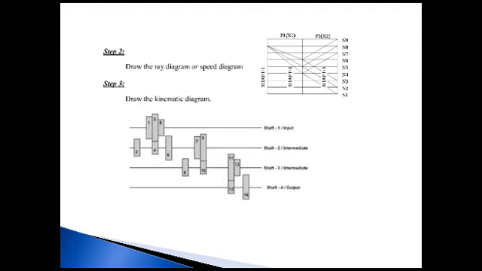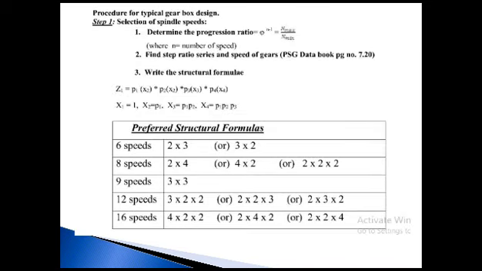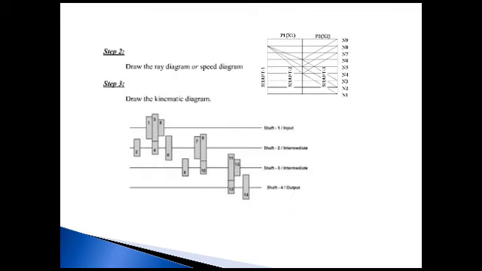There are 3 stages for a 6-speed gearbox: stage 1, stage 2 and stage 3. Here you can see P1 X1 then P2 X2. Here X1 has a value, X2 has a separate value, X3 has a separate value. For a 6-speed gearbox, it will come as the 2.6 gap concept.